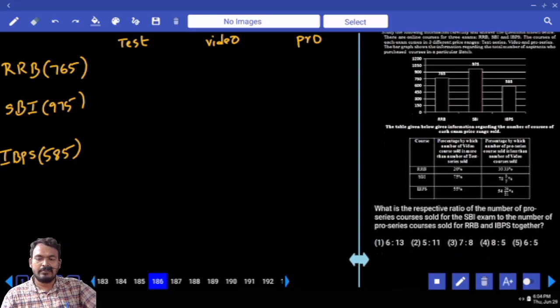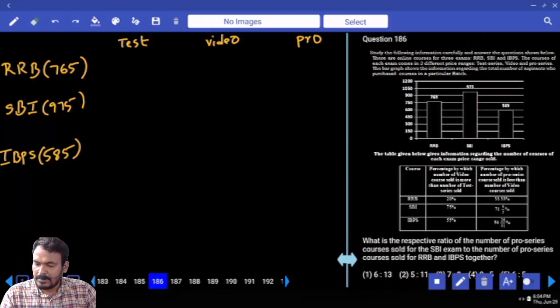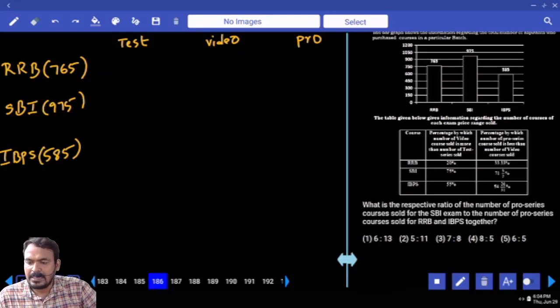What table is given? The table gives the information regarding the number of courses of each exam price range sold. First RRB: percentage by which the number of video courses sold is more than the number of test series sold.